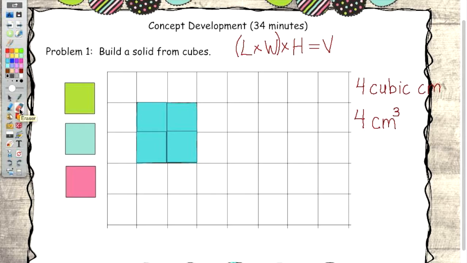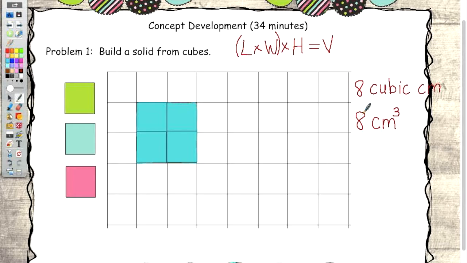Okay, what would the volume of the structure be now, Jesus? 8. He did. Okay, so instead of 4, it's going to be 8 cubic centimeters or 8 centimeters cubed. Okay, we're not going to worry about the formula right now.